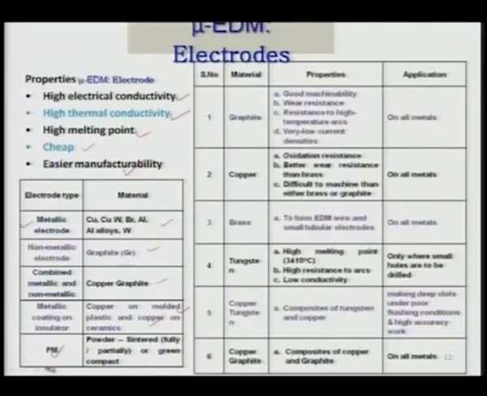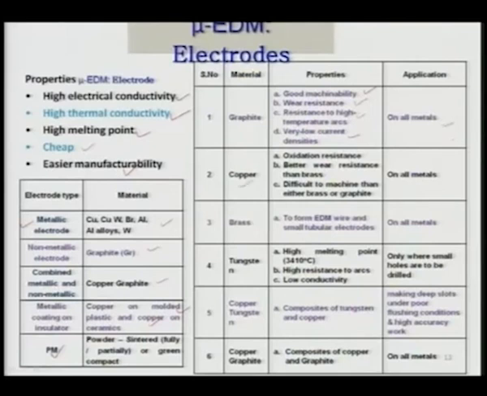There are various kinds of tool materials, as I have just mentioned, and they have certain properties as I have elaborated here. Graphite has good machinability, wear resistance is high, resistance to high temperature is also high, it has very low current densities, and it can be used on all metals.